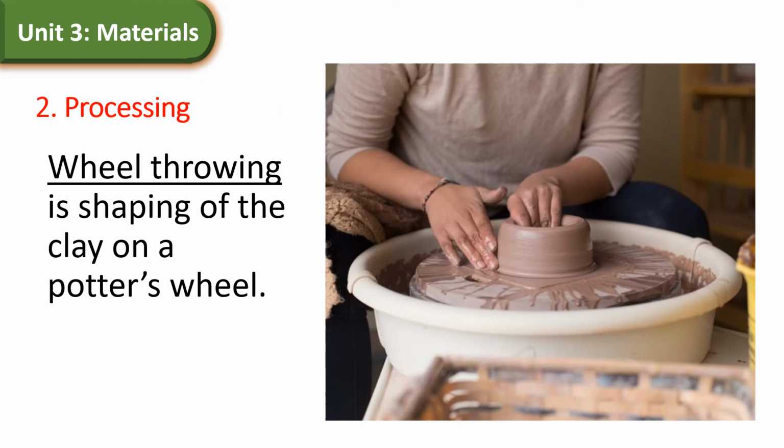Now, the next type of ceramic processing is wheel throwing. This is the traditional type of molding clay, wherein you use your hands to shape the clay into a desired object. It can be a jar, a basin, a pot, or vases.